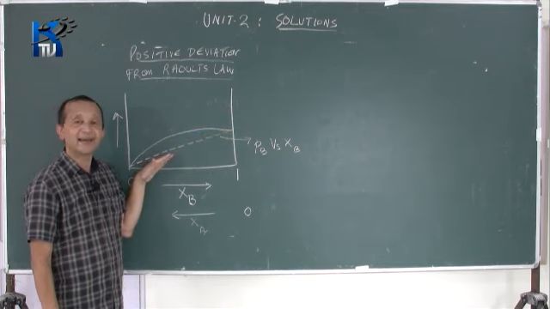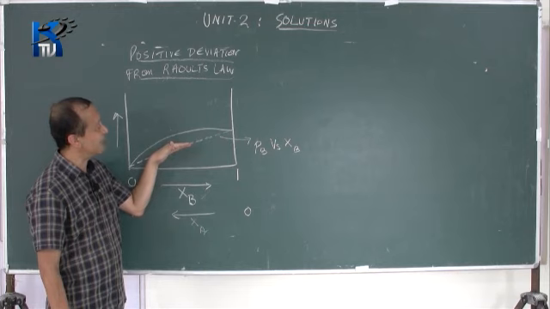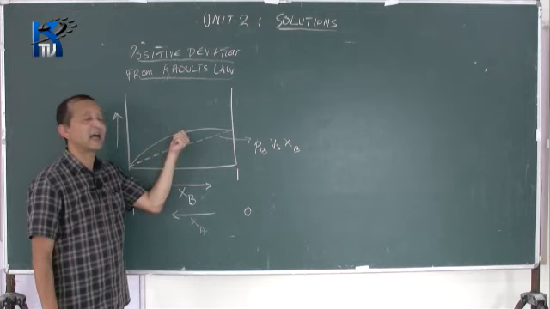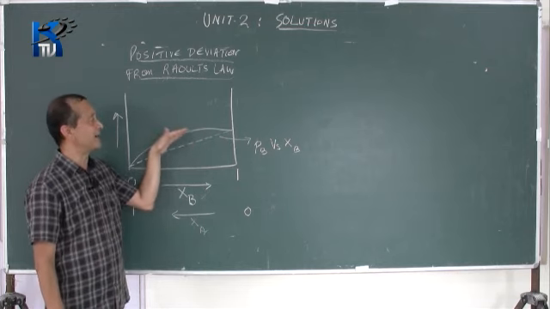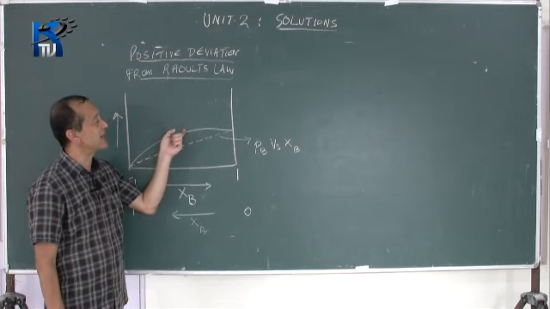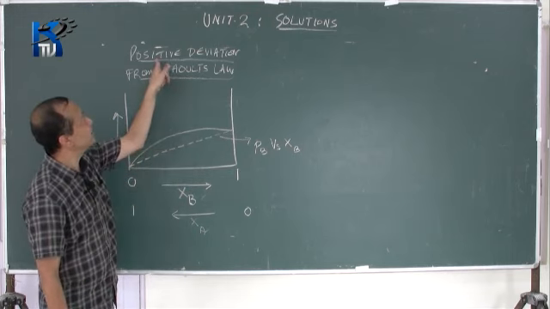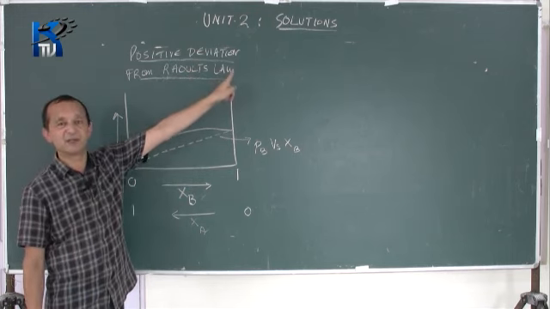We can call this the ideal graph. Since the actual graph lies above the ideal graph, the partial pressures are more than what is expected. So we call it the positive deviation from Raoult's law.